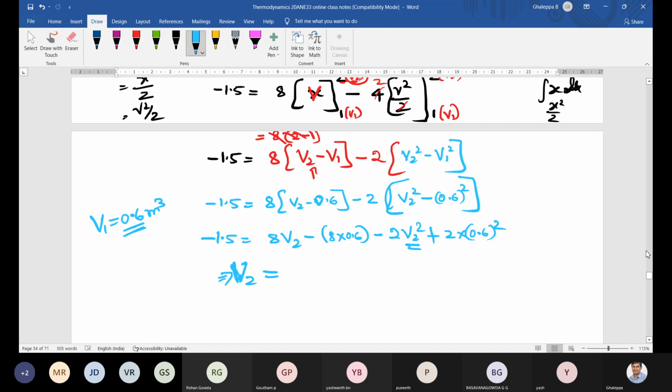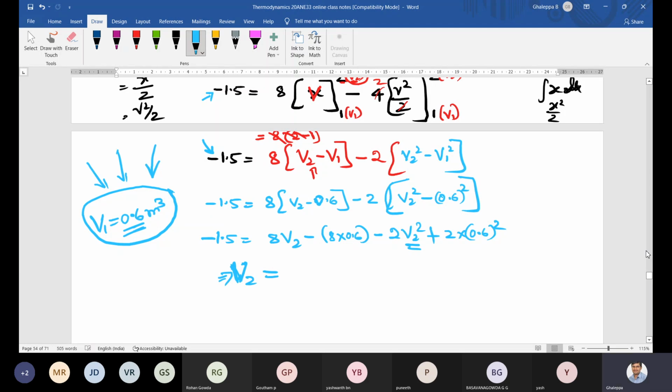Why? Because work done is minus. Work done is on the system. This air is there. Initial volume of the air is 0.6 meter cube, and external work is done on the system, meaning a compression process. You are compressing the balloon.